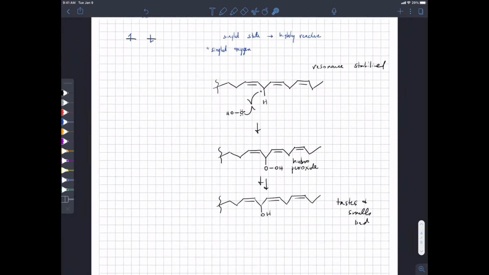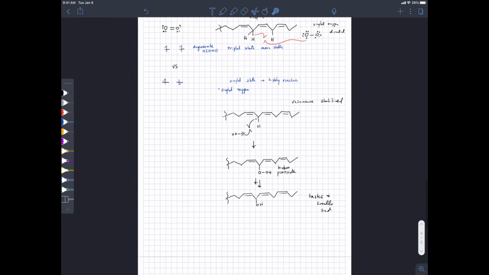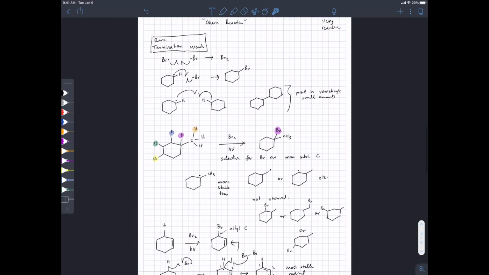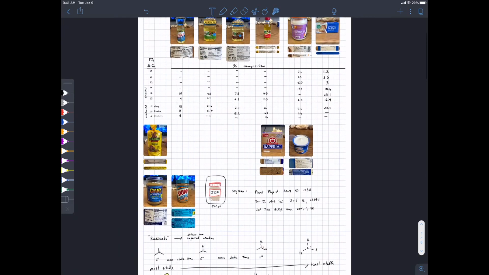And actually, there are some foods in which they will put preservatives that are designed to intercept singlet oxygen so it doesn't react with the food. I'm trying to see if we could go up and look at the nutritional label for Crisco.